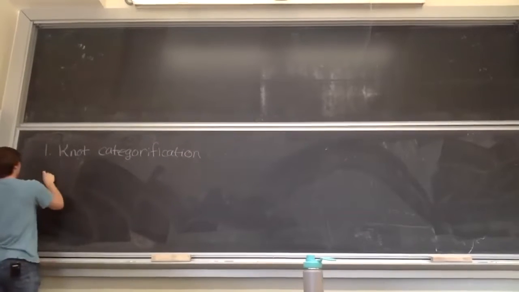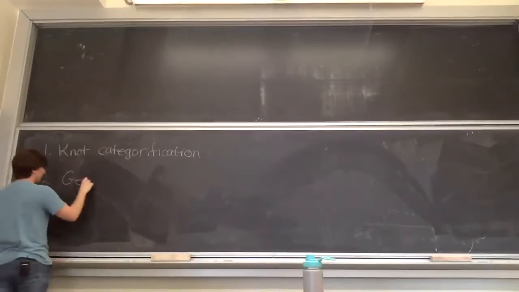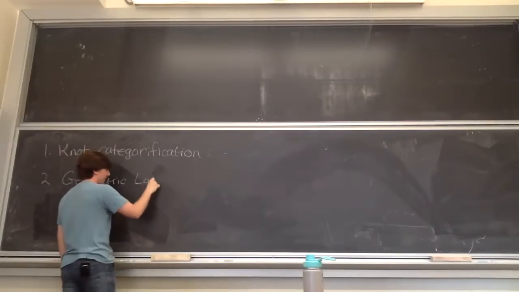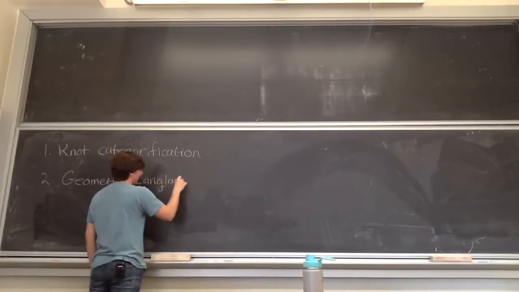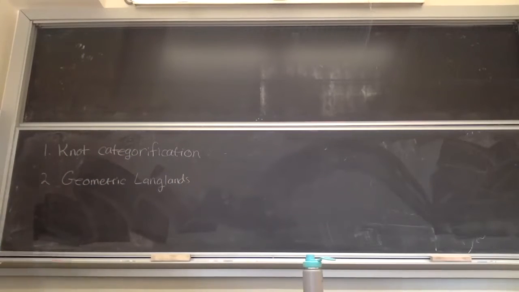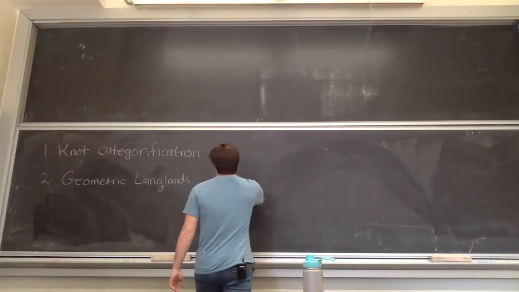And then also stuff with geometric Langlands. I will probably focus today mostly on the first thing and say a couple of words about the second thing, but not too much, hopefully.